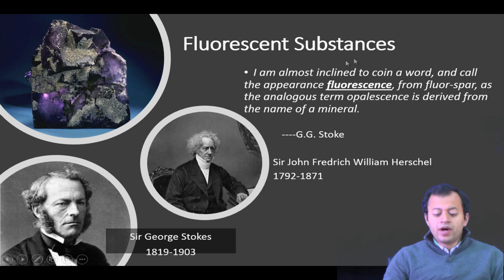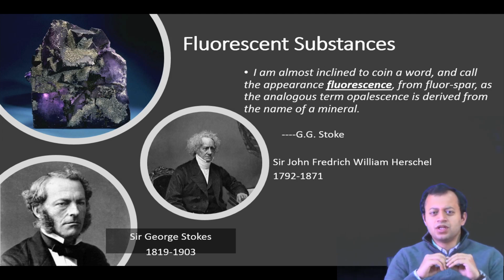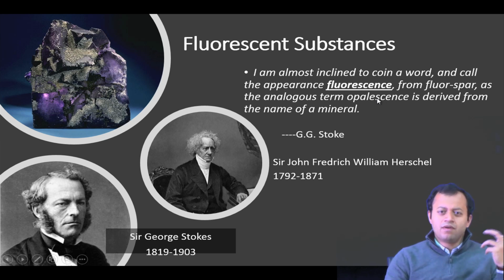And he coined the term fluorescence as compared to opalescence. Previously people had opals, these semi-precious materials that emit different amounts of light and hence are used in jewelry, and opalescence was a nice term used previously. Phosphorus had been discovered, and phosphorus glows in the dark, so phosphorus was used.